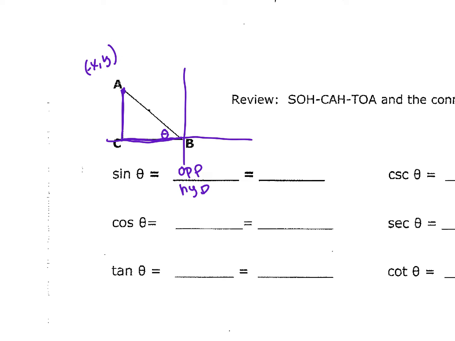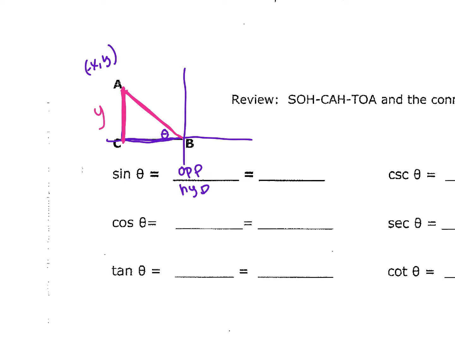But our sine ratio corresponds to opposite over hypotenuse. So with respect to x's and y's and r's, what does that correspond to? The opposite side, is that x or y or r? Y. This is our y value, right?